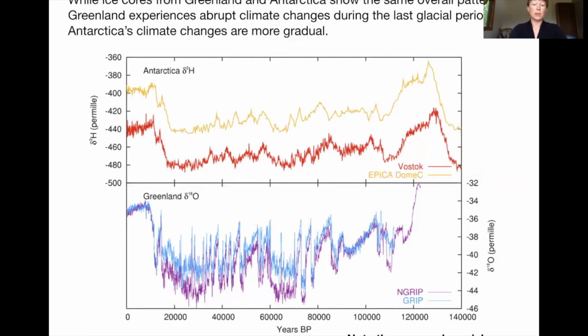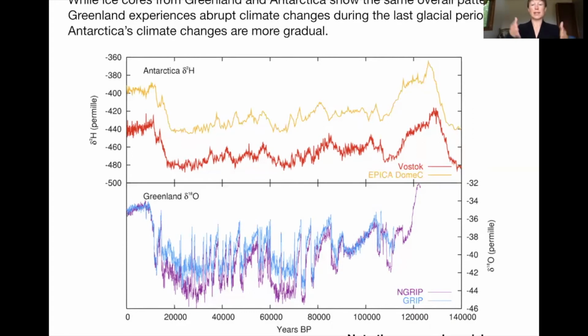So basically we can say that temperature in Greenland is fluctuating back and forth, back and forth, back and forth really rapidly during the ice age period, or the glacial period. Whereas in Antarctica, we see that there are these little wiggles, but they're more gradual. The timing might be similar, but the pattern itself is really different, okay?